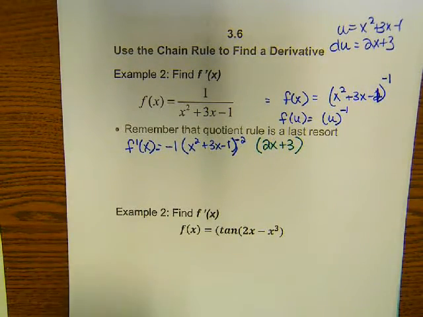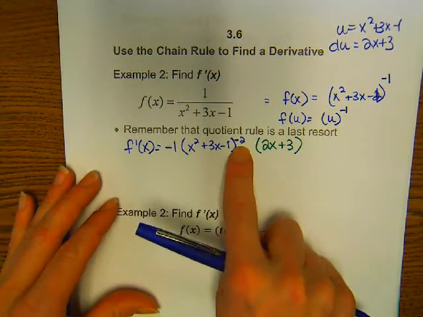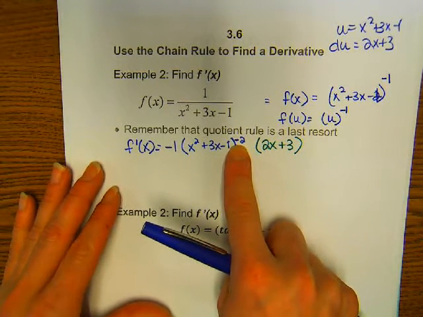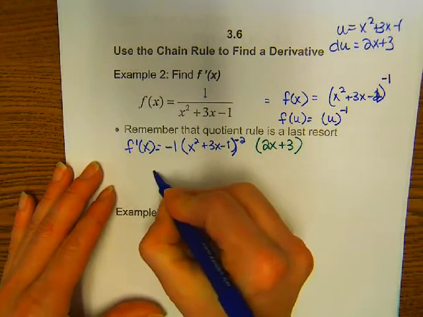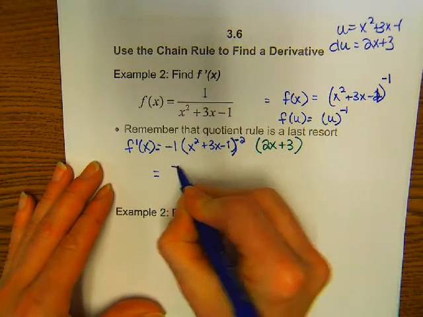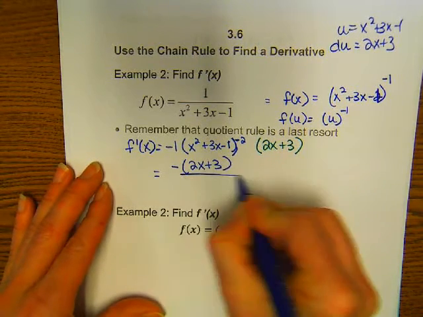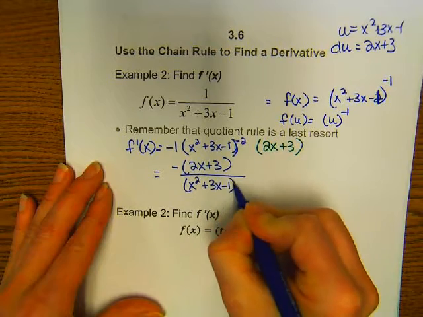Alright, then we should go and rewrite things back as powers on top and bottom. This is 1 over this squared, agreed? This is a -1. Okay, so rewriting it. On top, I have negative parentheses 2x plus 3. On the bottom, I have x squared plus 3x minus 1 squared.